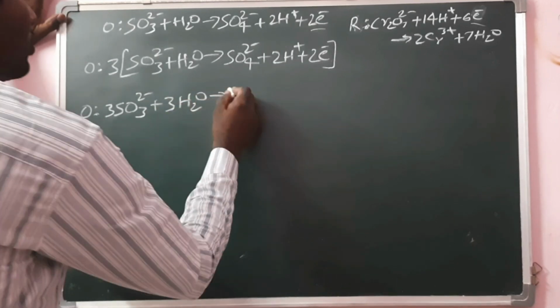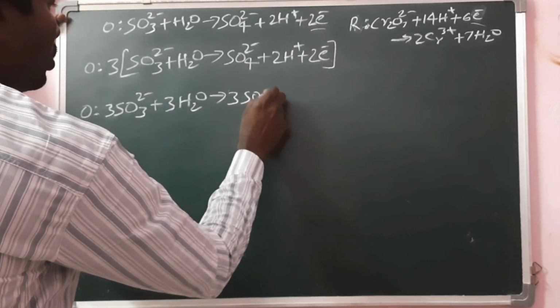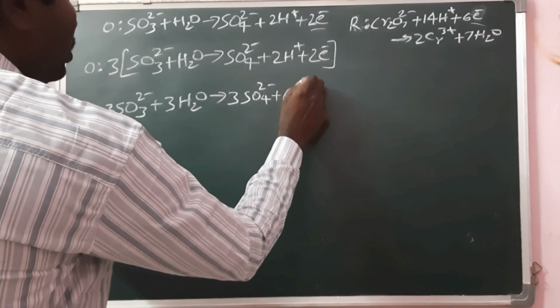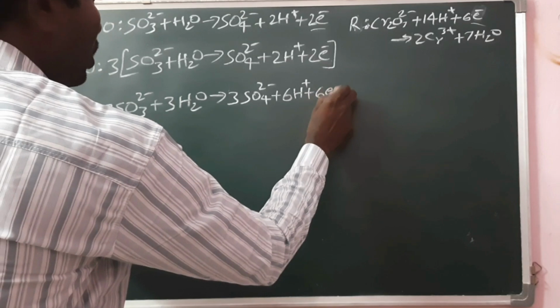This gives us 3 SO4 2 minus plus 6 H plus plus 6 electrons.